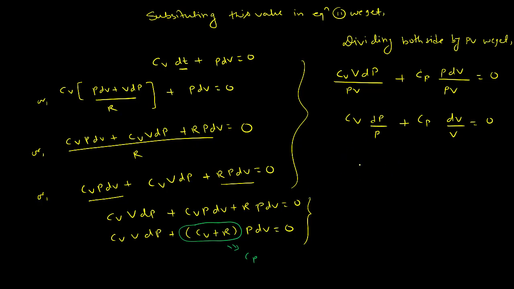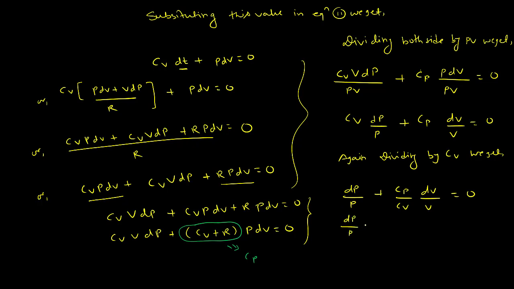Again dividing by Cv, we get dP upon P plus Cp upon Cv times dV by V equal to 0.